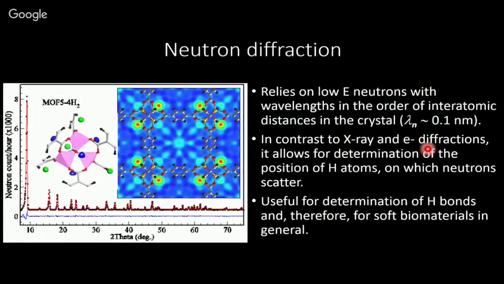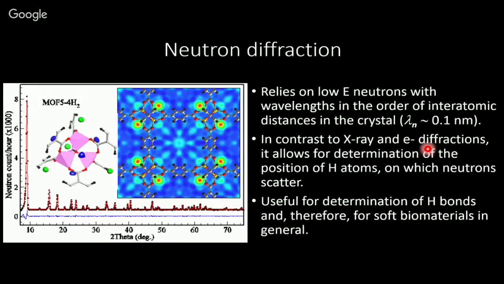Now you can also do neutron diffraction. Electrons are limited because you can't really get a good signal from elements that are very light. So if you want to have scattering from the nuclei, then you use neutrons. That way you can figure out where lighter elements are.